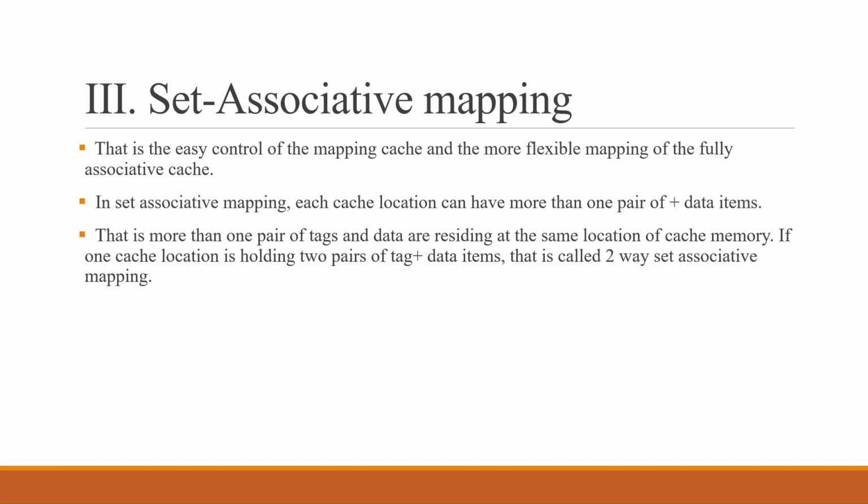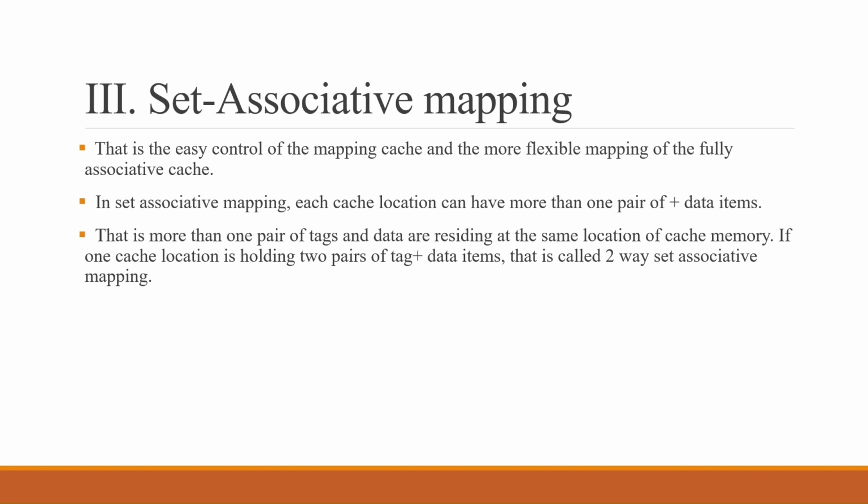For example, if the cache has 16 blocks and it is organized into four sets of blocks, each block in the main memory will map to one of the four sets. Within each set, the mapping is associative, which means that any block from the main memory can be stored in any of the four blocks in the set. Set associative mapping offers a balance between the simplicity of direct mapping and the flexibility of associative mapping.